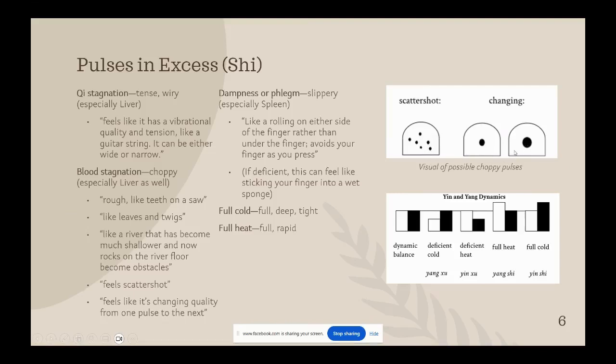Or it can be kind of changing, like from one beat to the next. It feels bigger and then smaller, and then it's going back and forth. Or it can feel kind of rough, like a river that's become too shallow, and now you're just feeling these rocks on the river floor. That sounds like maybe a blood deficient and stagnant condition.